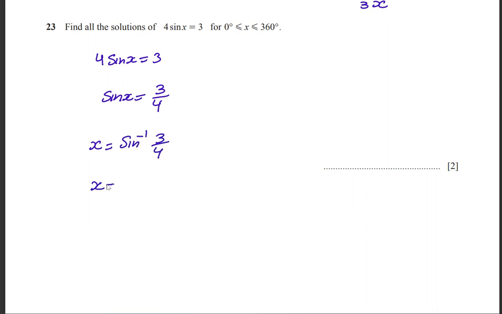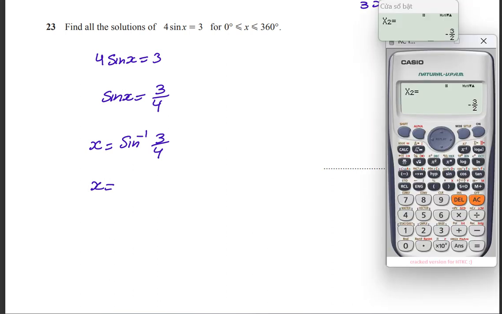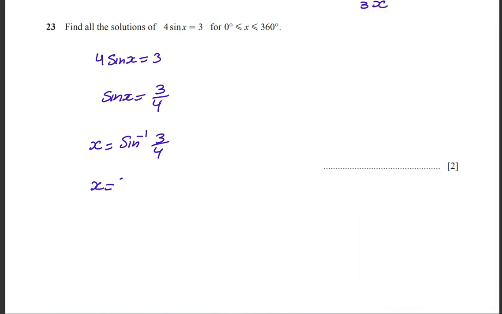So x equal, you will get, mode 1 back, okay, sine inverse, shift sine, and 3 over 4, then close the bracket. It will give you 48.59, which is 48.6.